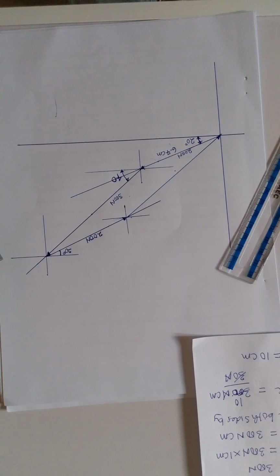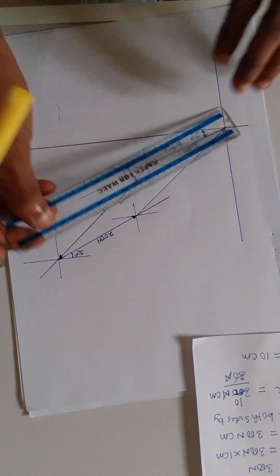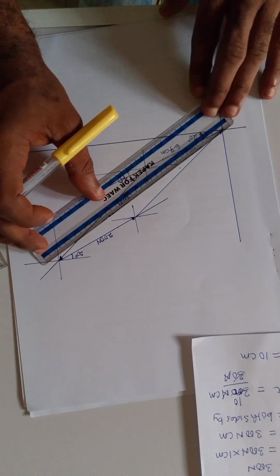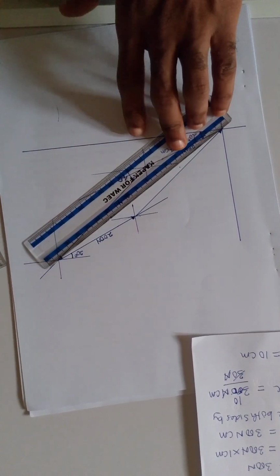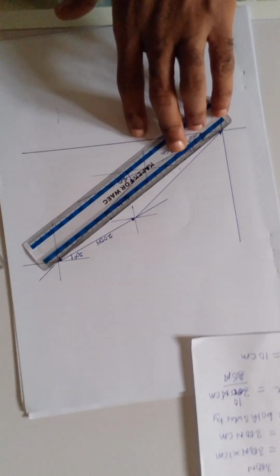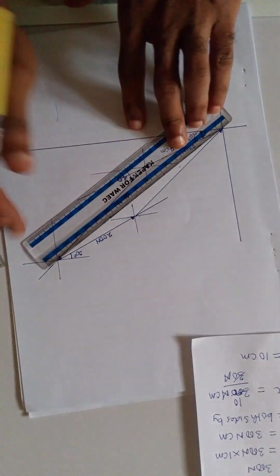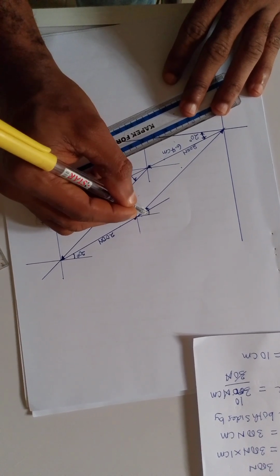So we've completed it, but we've not gotten the resultant yet. So we now have to find a resultant by drawing a straight line from this point down here. That is how to find the resultant. Okay, I didn't say that this one is 40 degrees.